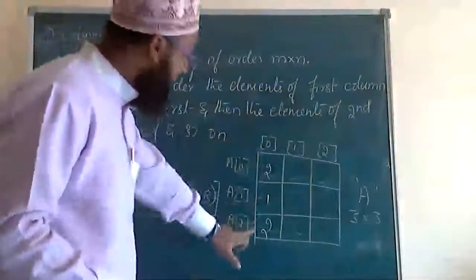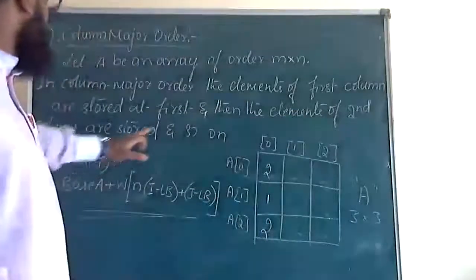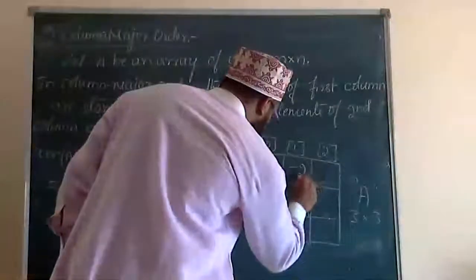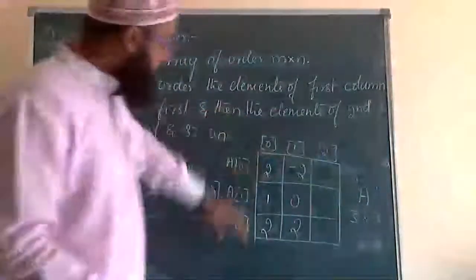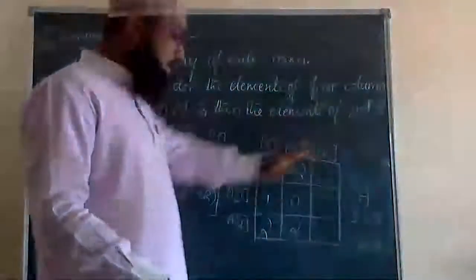And then the elements of the second column are stored, and so on. Here we are inserting and storing elements column wise.